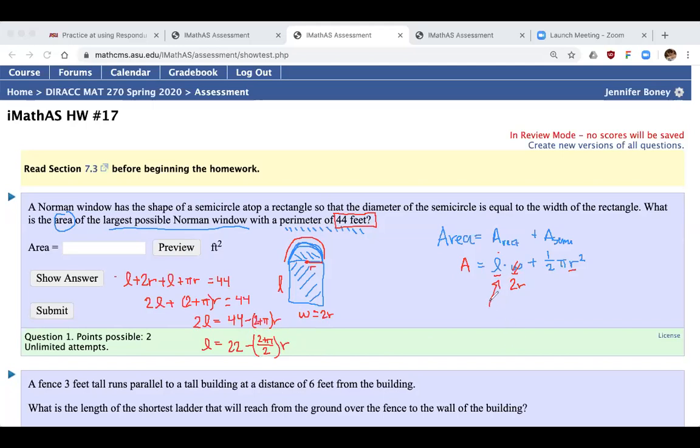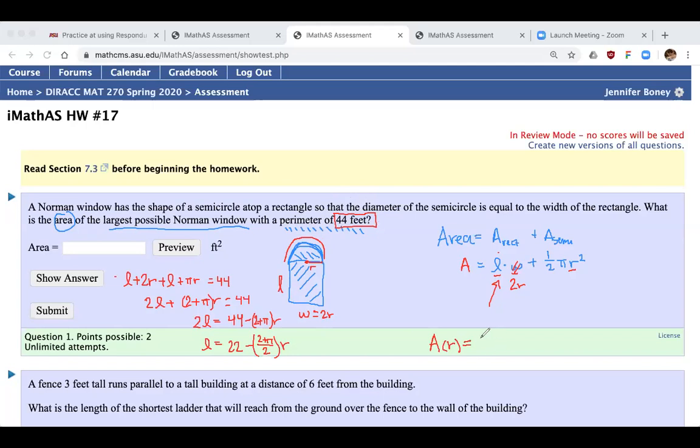So this expression can be put in place of L. And that way, this expression for area, although ugly, would be area as a function of r, area as a function of one variable. And once we have that format, just using relationships that we knew, like the width versus radius, we knew that from the way we drew the picture maybe. The length versus radius, not so easy, but that's based on this perimeter 44 feet relates all the distances around to one another. And regardless of which letters you used, you'd be able to use this perimeter 44 to eliminate the last extra variable.